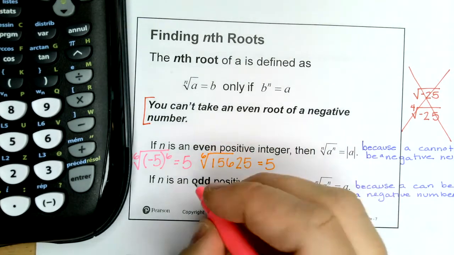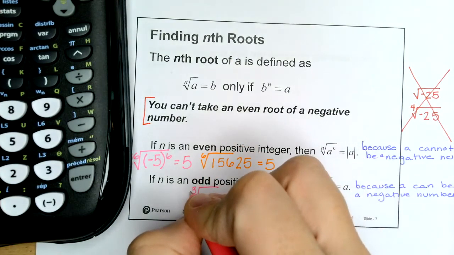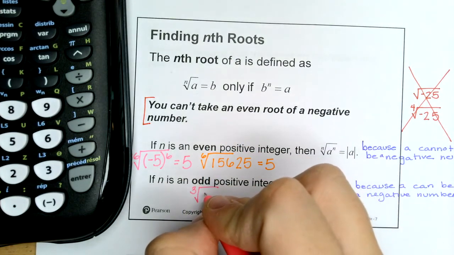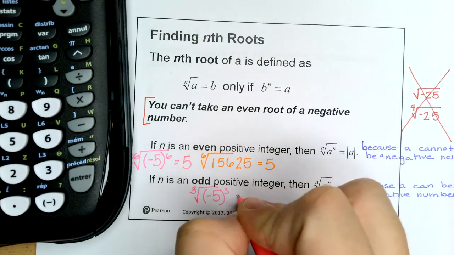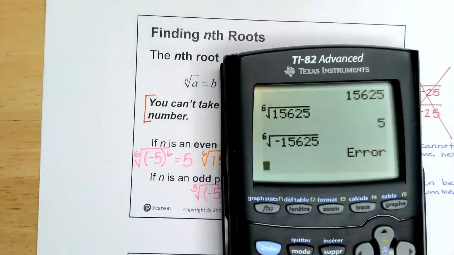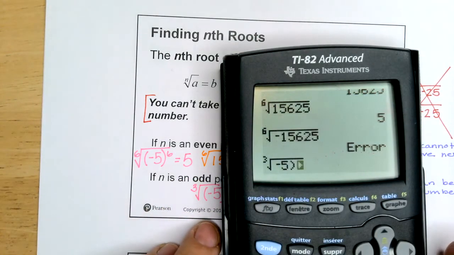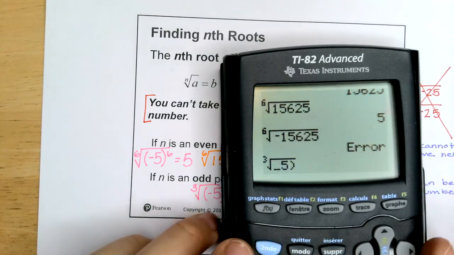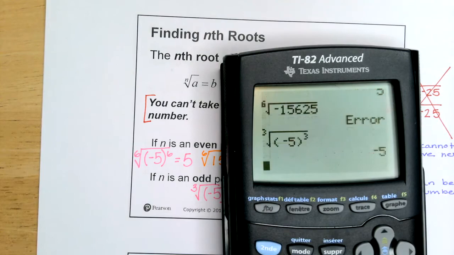So here we can say, the cube root of -5 cubed is negative 5.